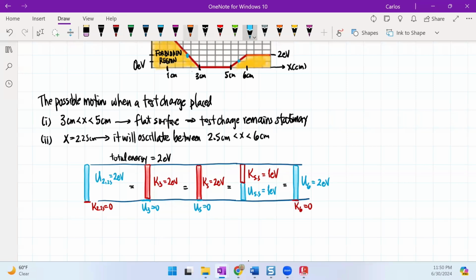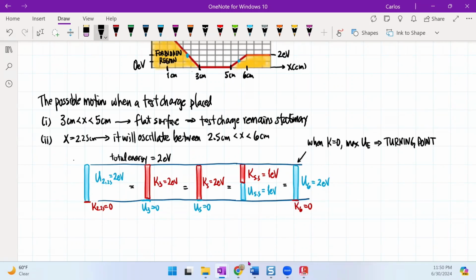So what can I conclude? When the kinetic energy is 0, we have maximum electrical potential energy, and we say this is a turning point. That means the particle has to turn around.